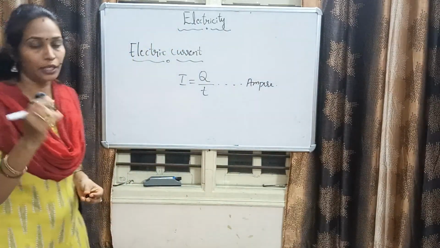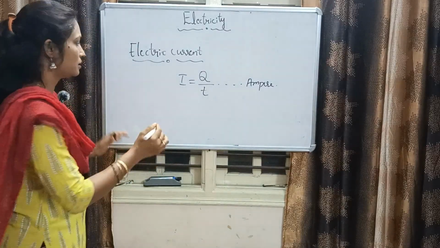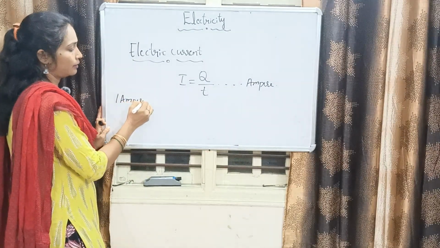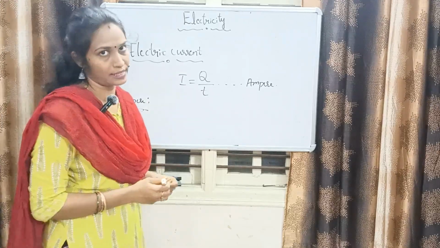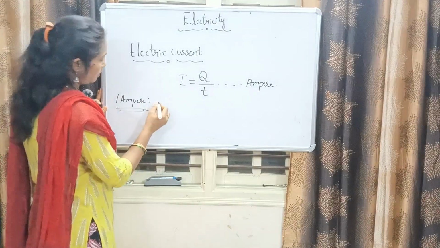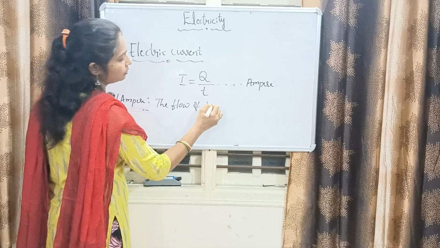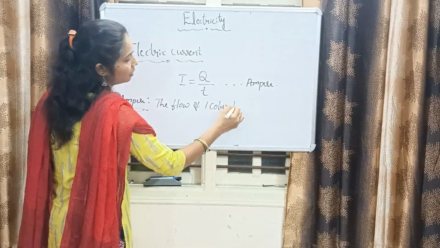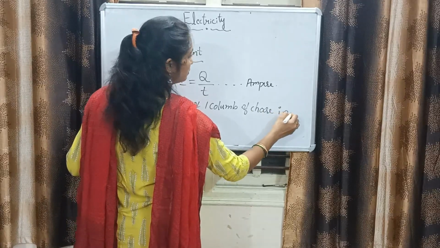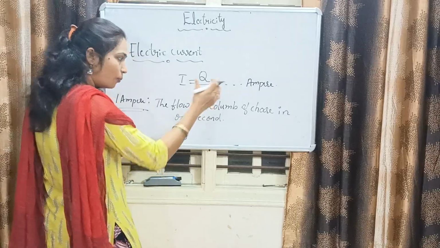In your 10th board exam, definitely you will get one question: what is the definition of 1 ampere? 1 ampere is nothing but the flow of 1 coulomb of charge in 1 second.